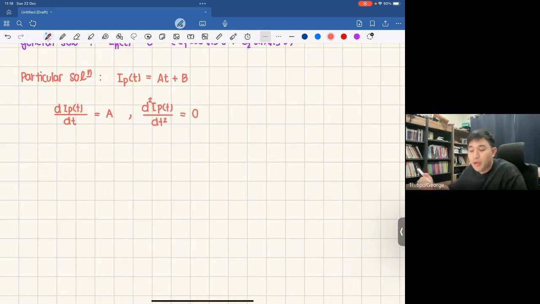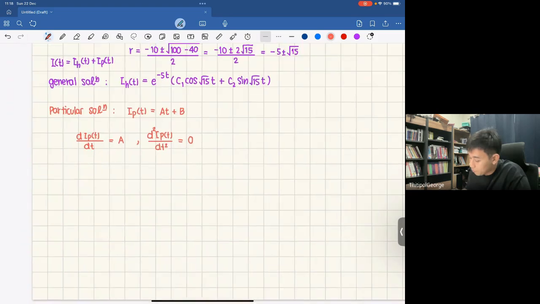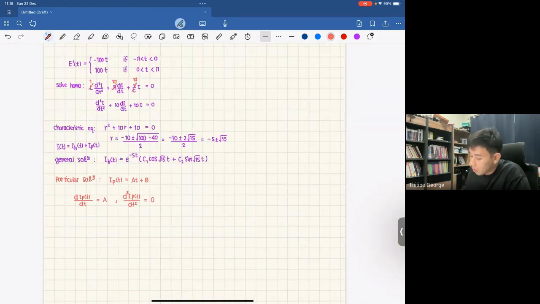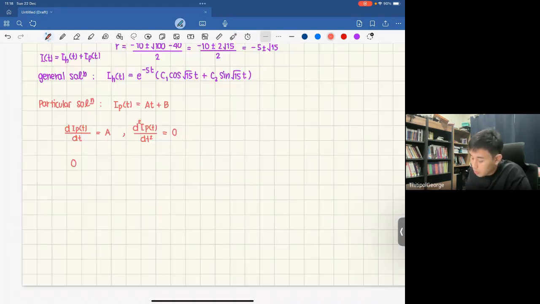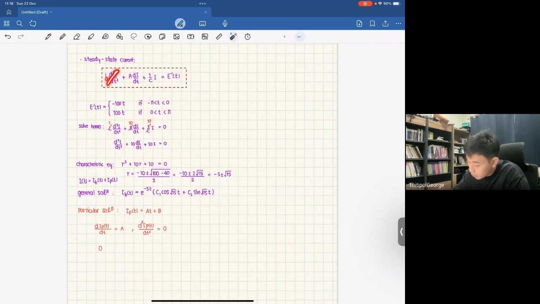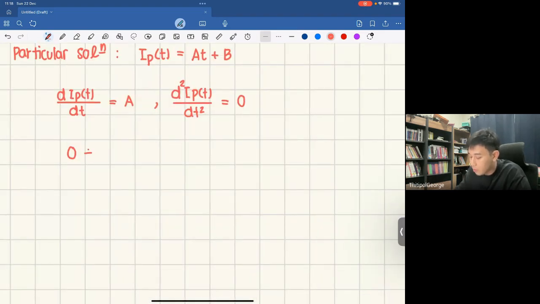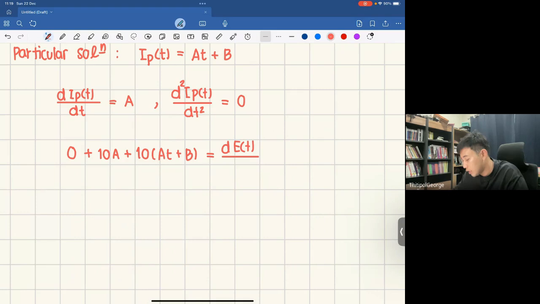If you substitute back into your differential equation, we will get 0 plus 10a, and then plus 10 times I, which we assume to be at plus b, equals, sorry, not 0, but this one, let me write it as d e t over dt.